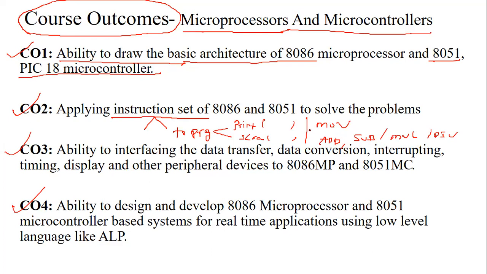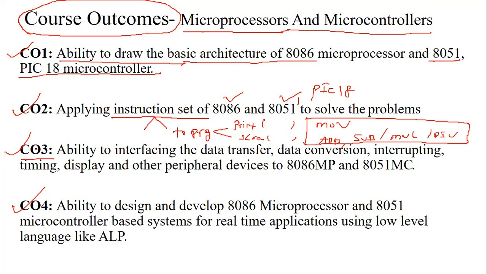After the completion of the syllabus, the student is able to know the different types of instruction sets to write programs for the 8086 microprocessor, the 8051 controller, and at the same time PIC 18 programs also. Then what is the third one? Course outcome 3.